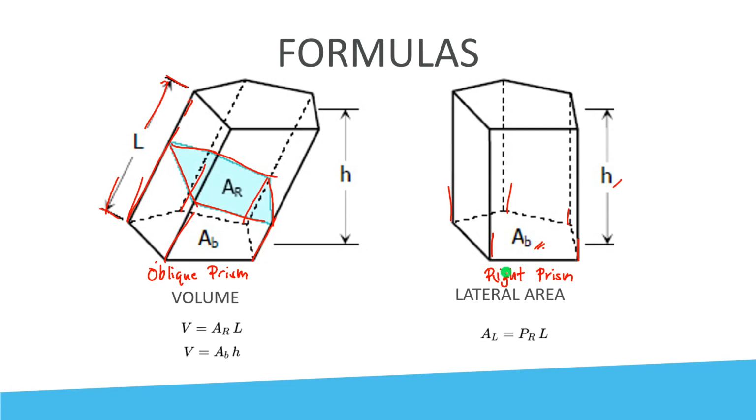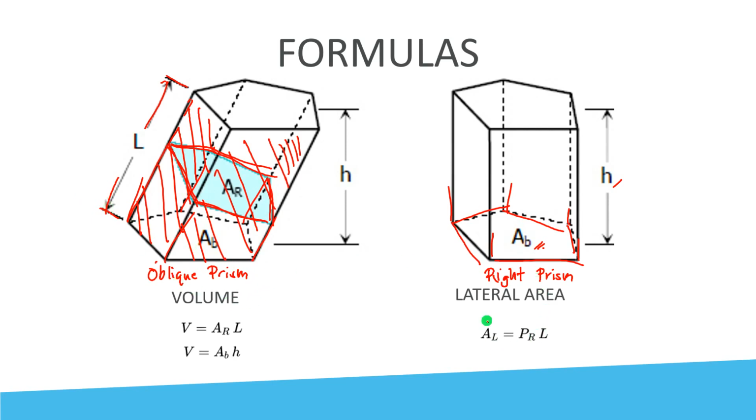For the lateral area, or the area of the lateral faces of the prism, just multiply the perimeter of the base for the right prism, or the perimeter of this shaded region, the cross section of the oblique prism, by the lateral side, the length of the lateral side of that oblique prism.